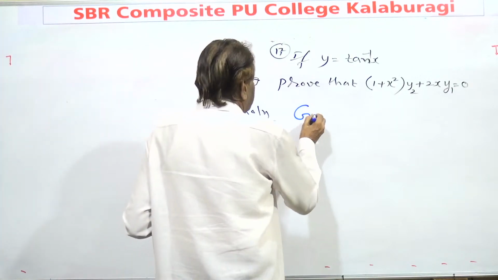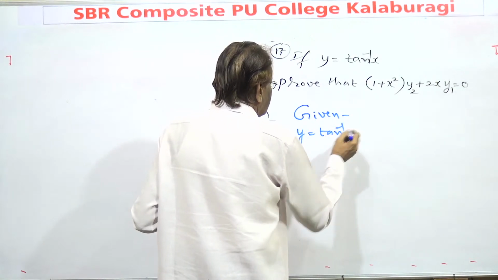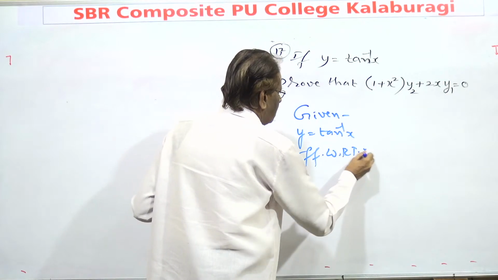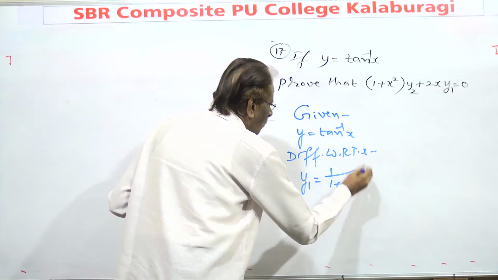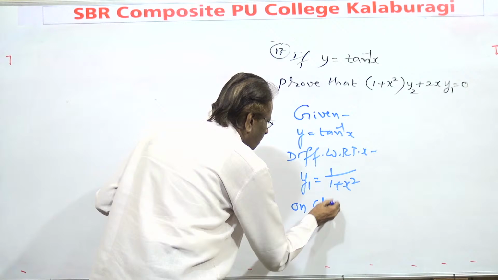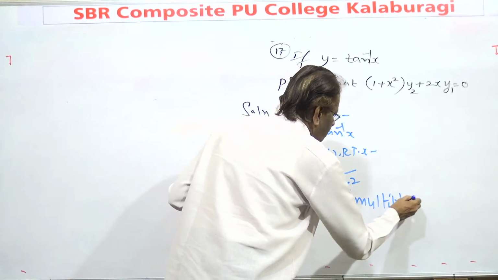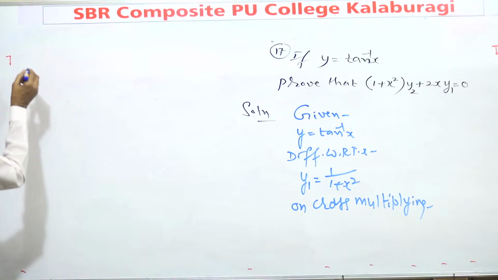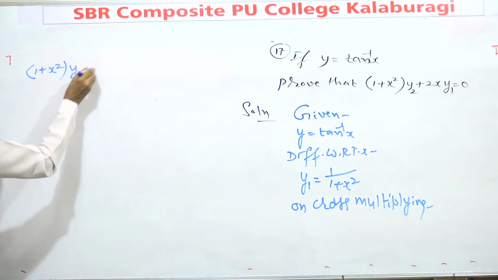Given y equal to tan inverse x, differentiating with respect to x. y differentiation y1, differentiation of tan inverse x, 1 by 1 plus x squared. On cross multiplying, one plus x squared into y1 equal to 1.